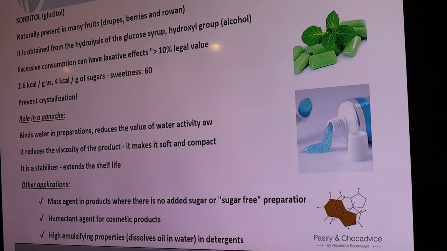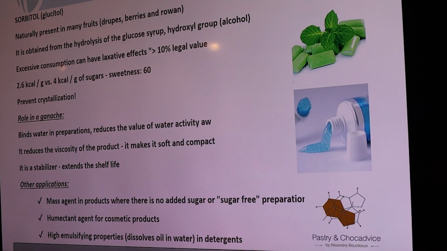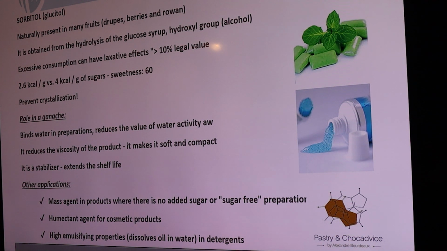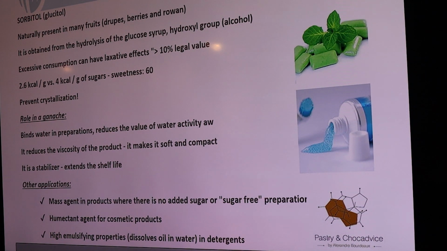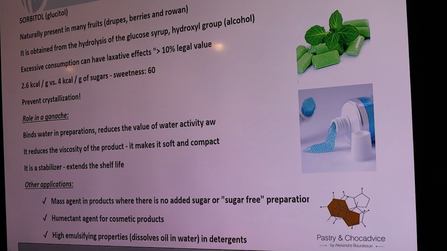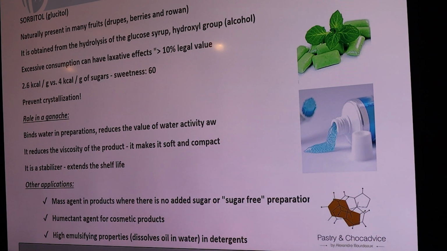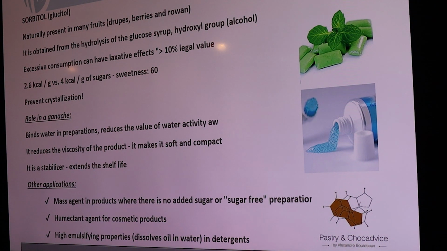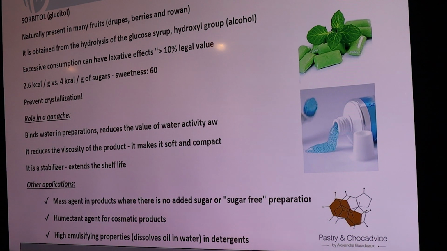Why is there a legal value? Is there any risk? Cancer? No, that's too much. In some countries, you avoid using any kind of sorbitol at all because it also, I don't know the English word, it binds water, which means that you will have digestive problems.